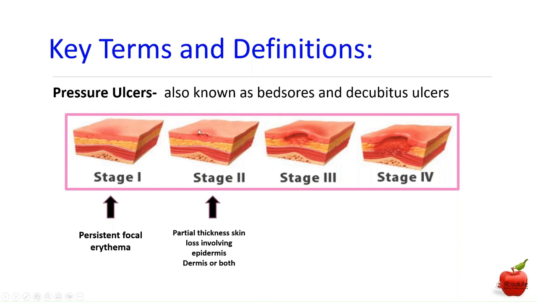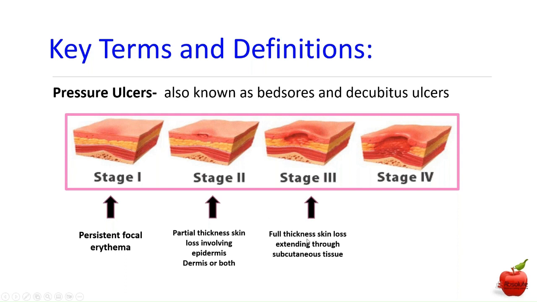Remember the epidermis, that's on top, and then the dermis is underneath. So you want to be aware of that. With the epidermis, you've got some loss of skin, but now you're getting down just a little bit to the dermis. Both of those can be involved. So just a little bit more than focal erythema. Now we've got some skin loss, just a little.